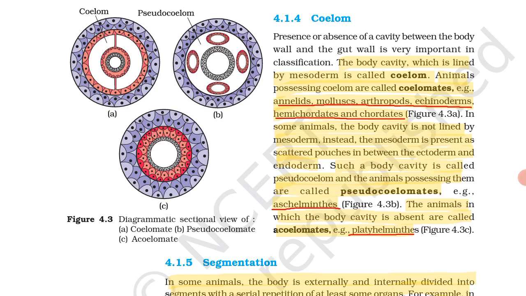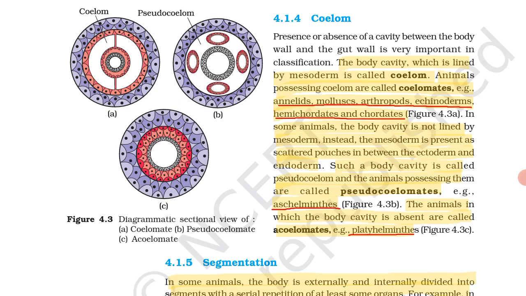Pseudocoelomate is a body cavity lined by scattered pouches instead of mesoderm, with examples Aschelminthes. Acoelomate means absence of body cavity, and the example is Platyhelminthes.